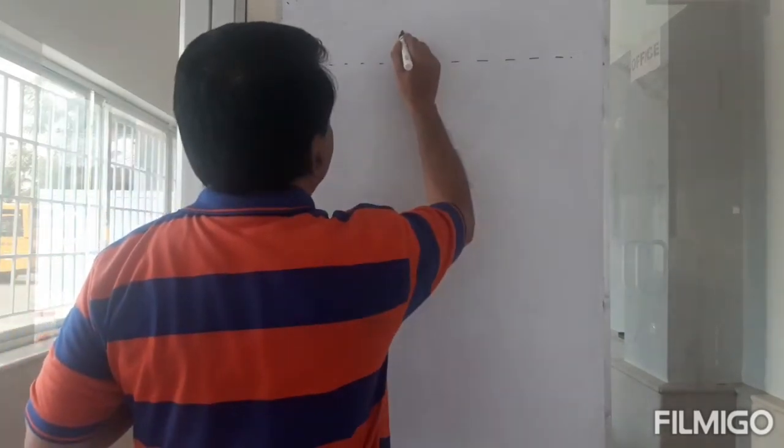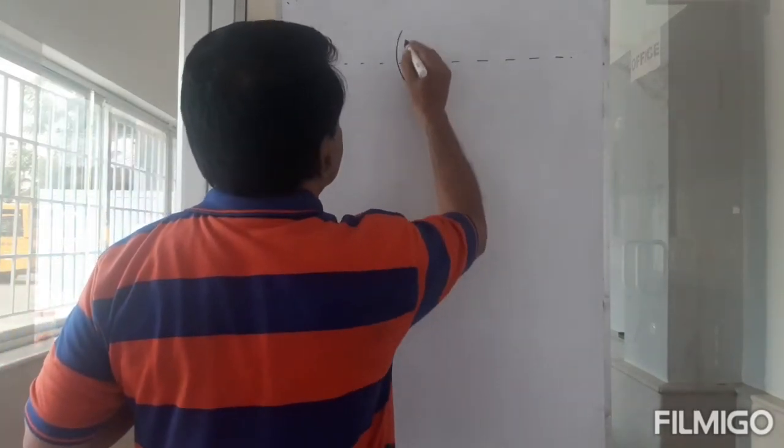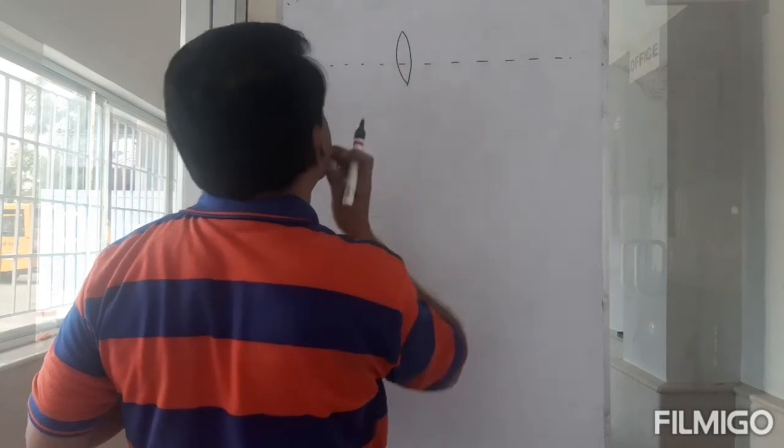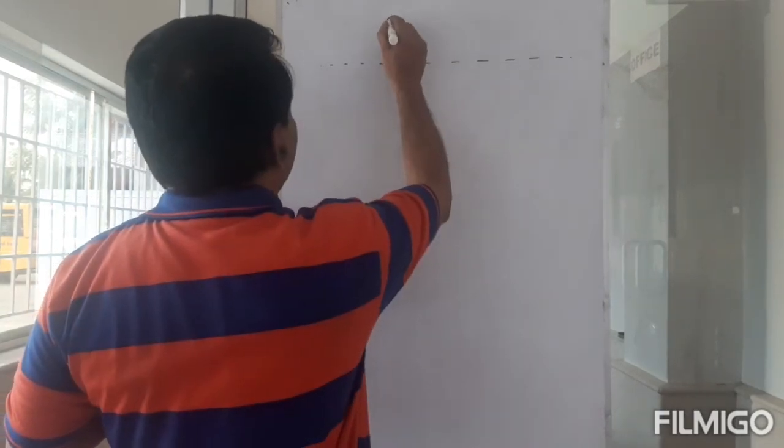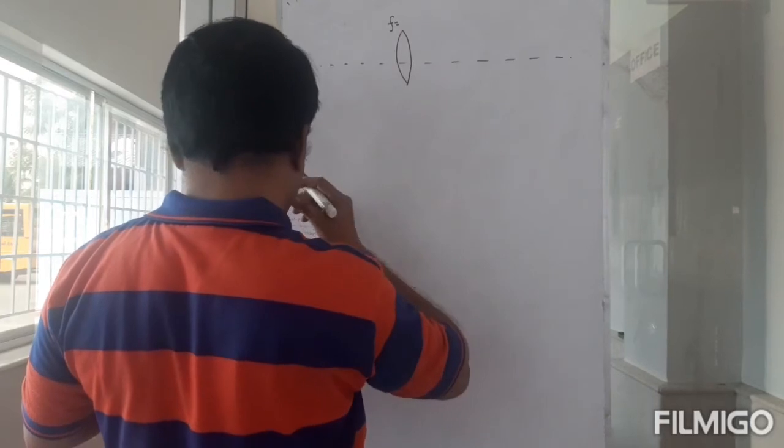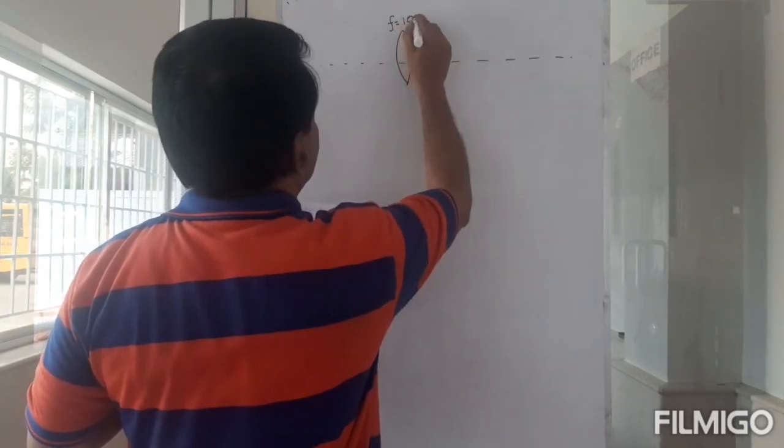There is a lens here, a biconvex lens, and this has a focal length of 10 centimeters.